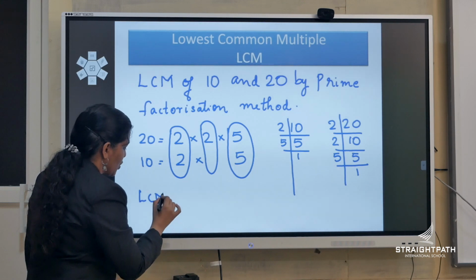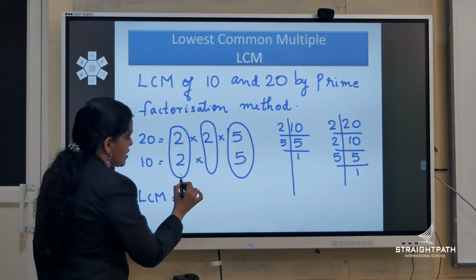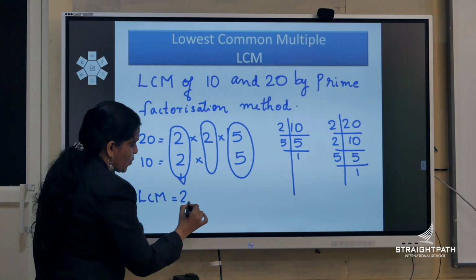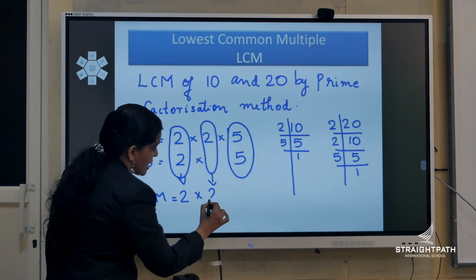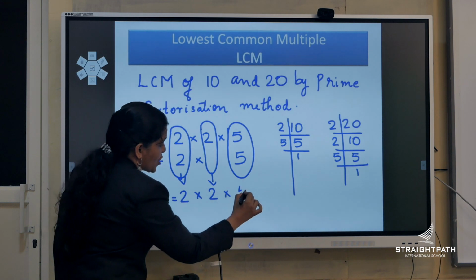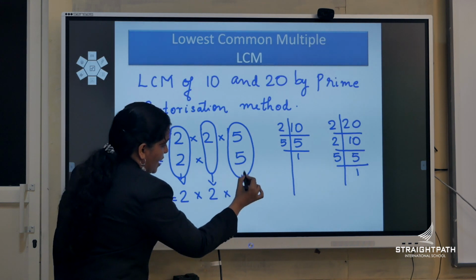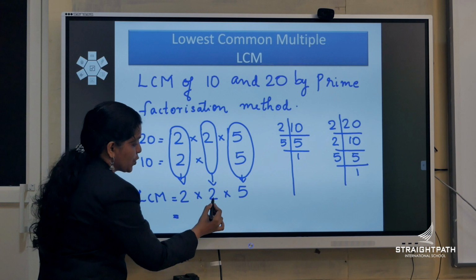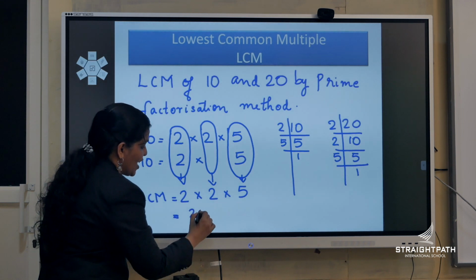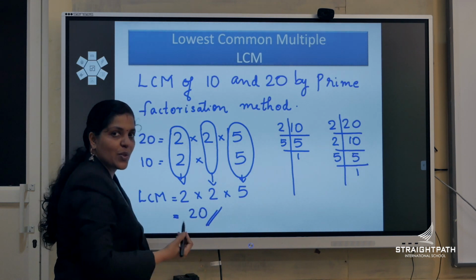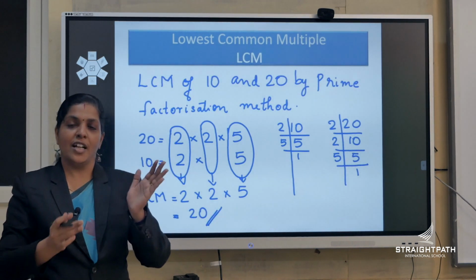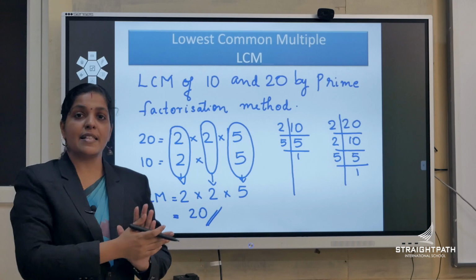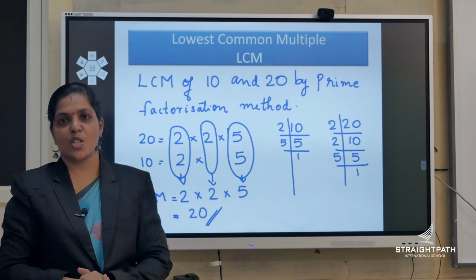LCM is equal to, out of this group, you have to select one, then from this group also you have to select, and from here also you should select 5. So, what is your final answer? 2 2s 4, 4 5s 20. So, we got the same answer 20 as LCM. So, we have found out how to find the LCM using the prime factorization method.